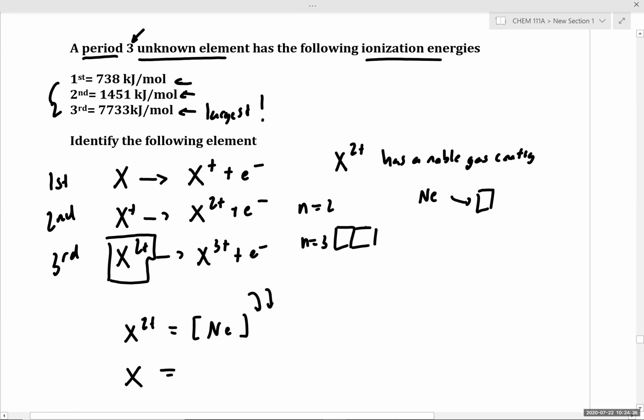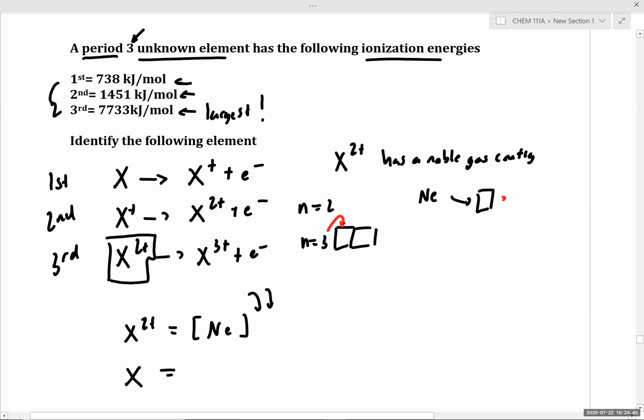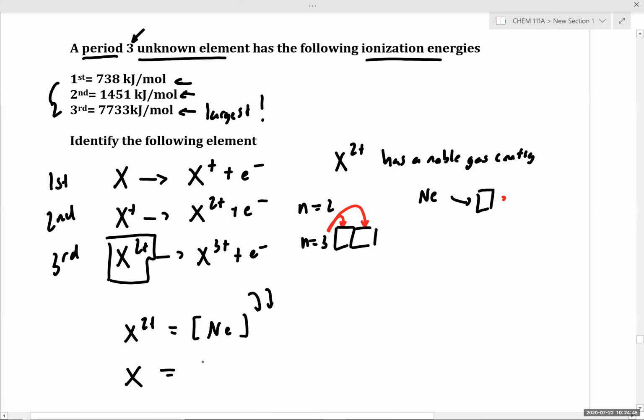Those added electrons, if we look at our periodic table, will go first in our 3s orbital, and our second electron will also go in the 3s orbital. So that in turn gives us the configuration neon 3s2, which matches the identity of magnesium.